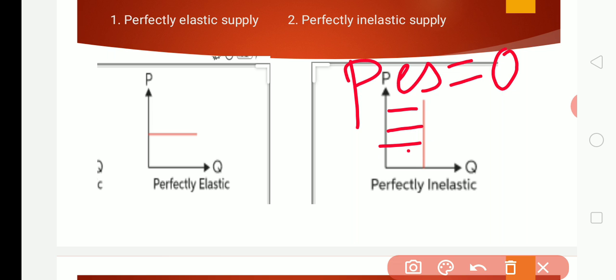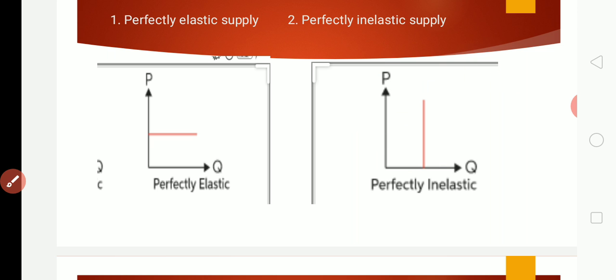Whatever the change in price, it does not affect the quantity of supply. The quantity of supply is constant. Irrespective of change in price, supply remains unchanged. So the supply curve takes the shape of a vertical line. It is called perfectly inelastic supply.